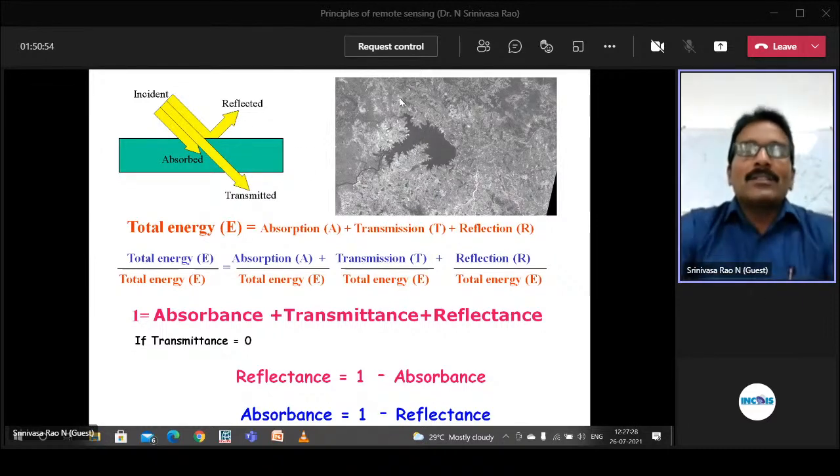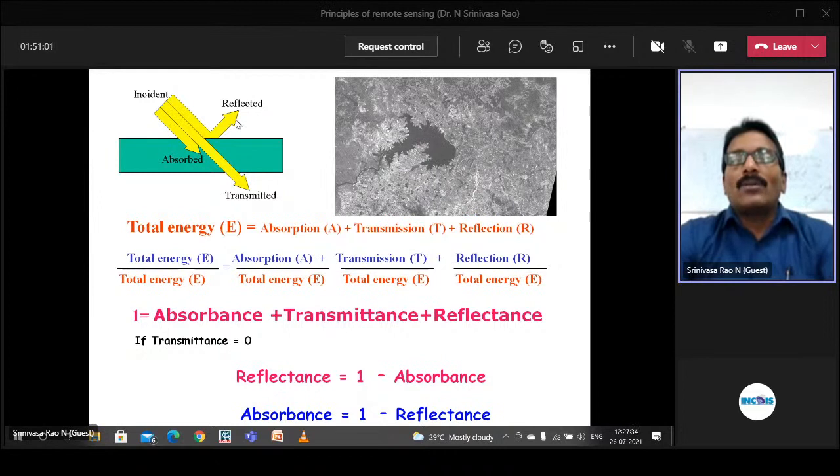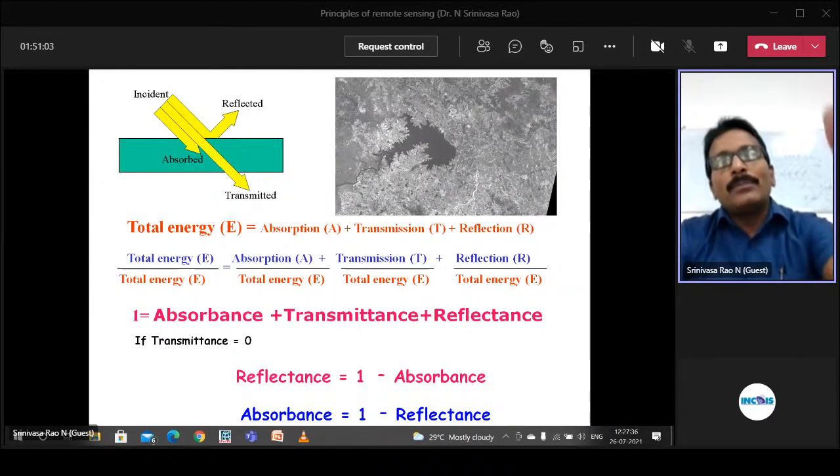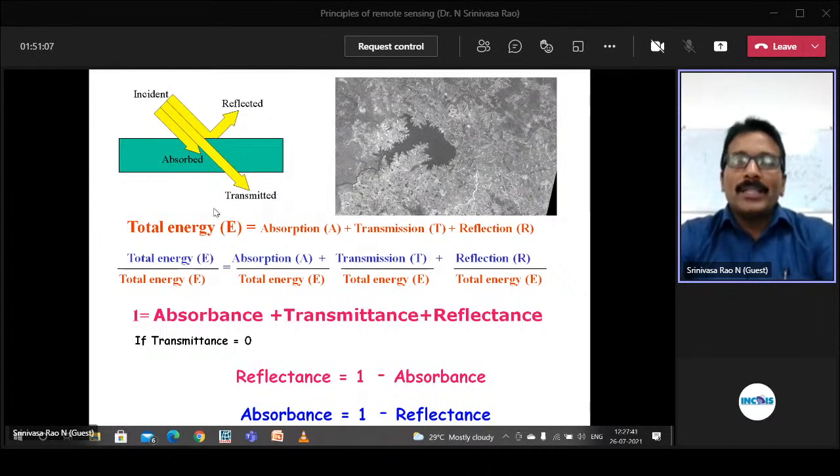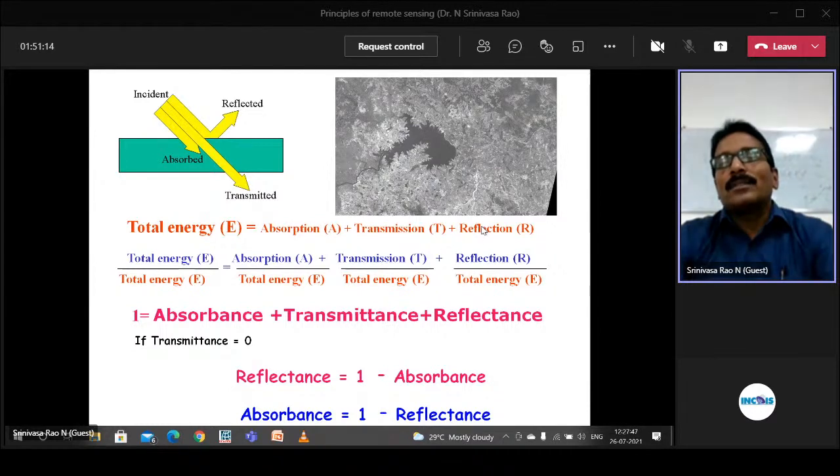If it is a non-transparent material, only two phenomena take place: absorption and reflection. In mathematical form, total energy equals absorption plus transmission plus reflection.